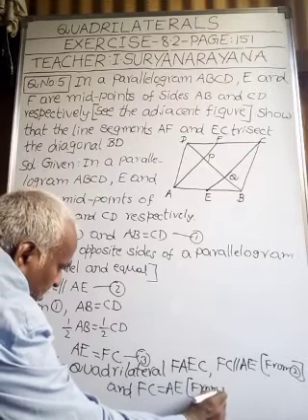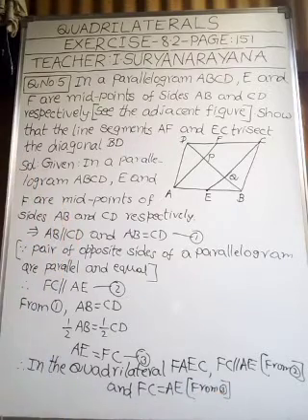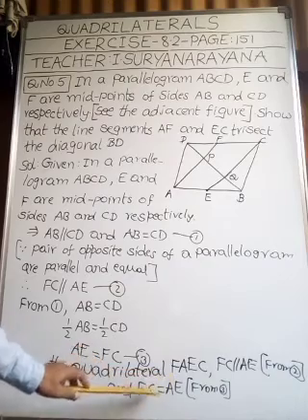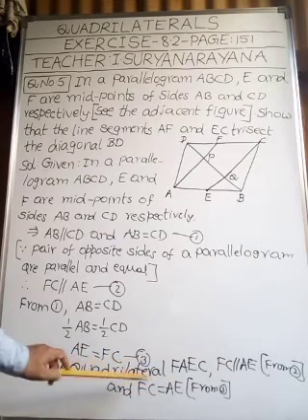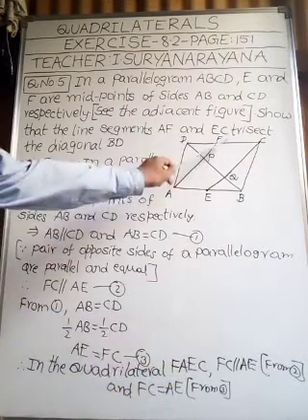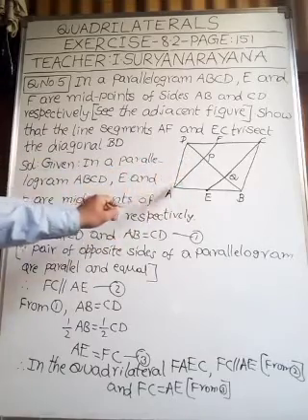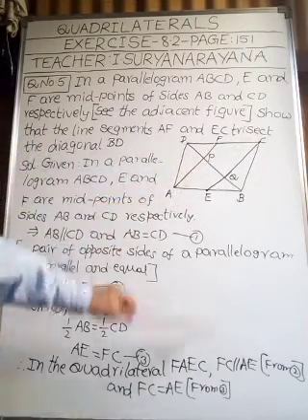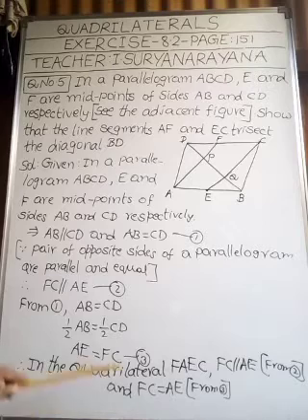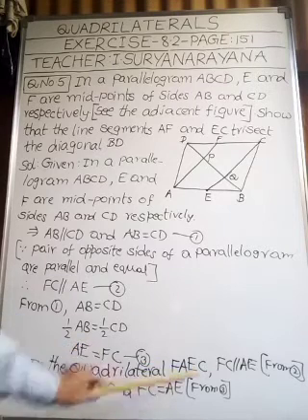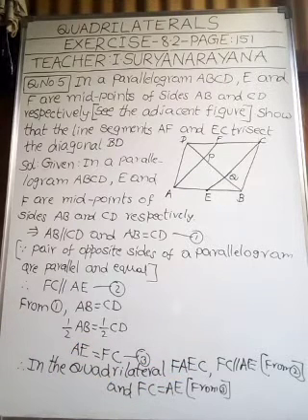This is from equation 3. Understood this step, my children? So in this quadrilateral FAEC, these two sides are parallel and also equal. Then we can say that this quadrilateral FAEC is a parallelogram. Understood this point, my children?